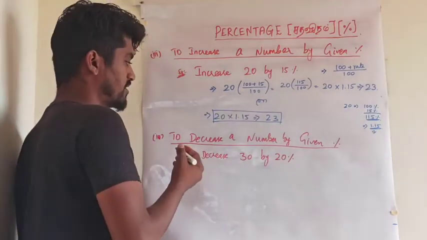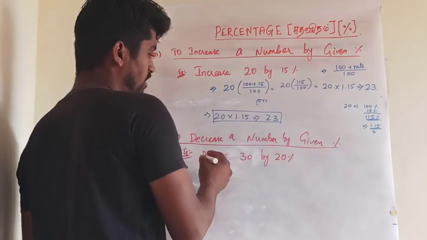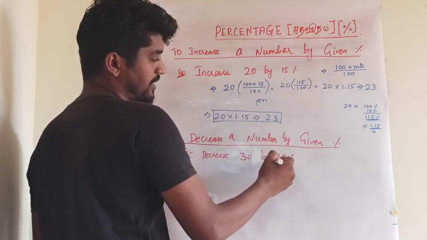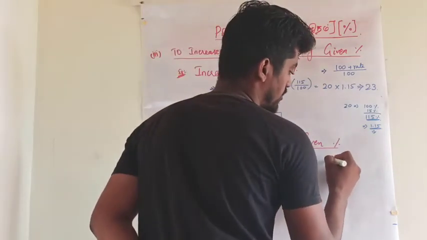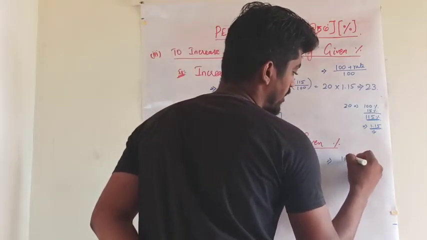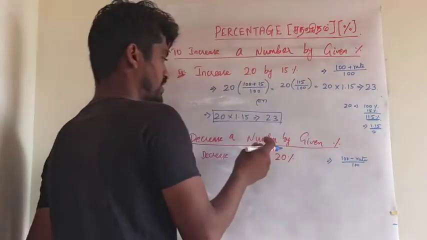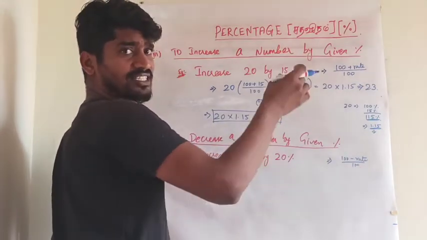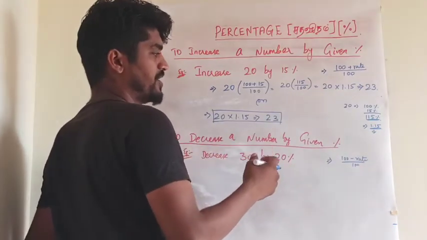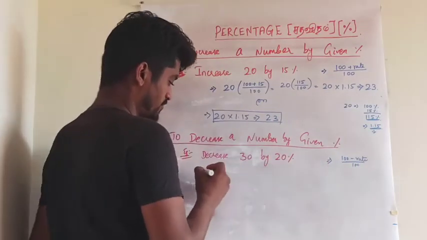From the next method, to decrease a number by a given percentage. Here the given number is 30 and the percentage is 20 percent. Here the formula is 100 minus rate divided by 100, because the number is decreased. So for the value which gets decreased from the given value, we have to subtract the rate of percentage.